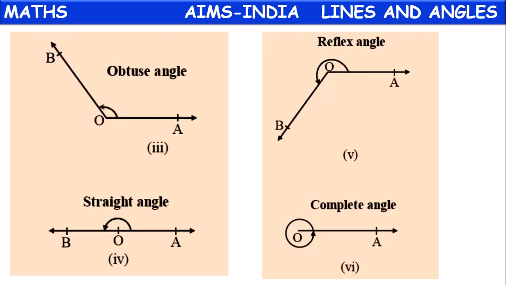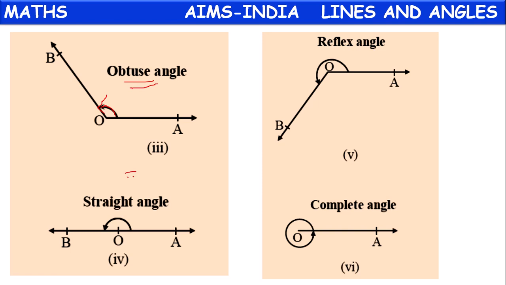Next, if it is greater than 90 degrees and less than 180 degrees, then it is named an obtuse angle. O-B-T-U-S-E. Obtuse angle. Bigger than a right angle.